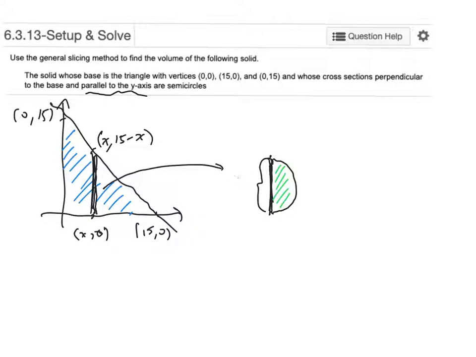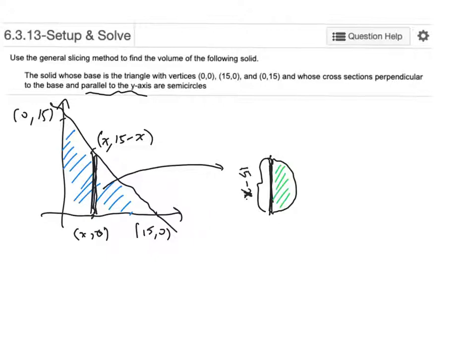I have a semicircle. Let me write this bigger. I have a semicircle, and I know that the diameter, hang on, turn my tablet sideways. The diameter is 15 minus x. Anyway, diameter is 15 minus x.